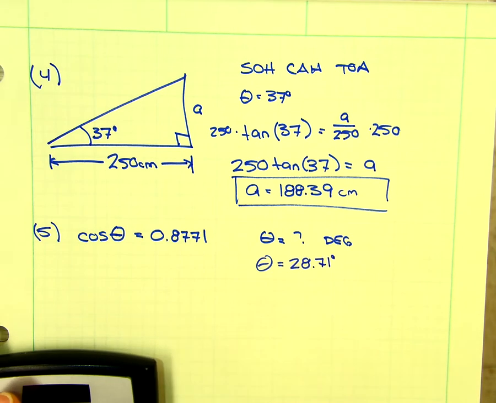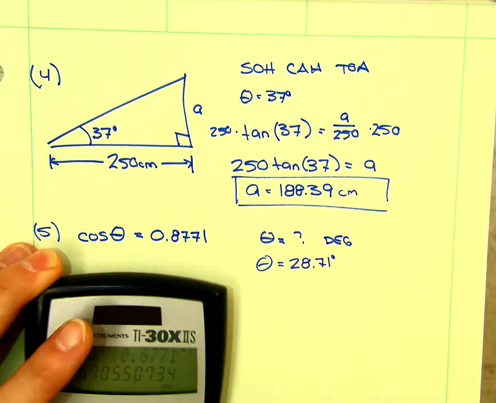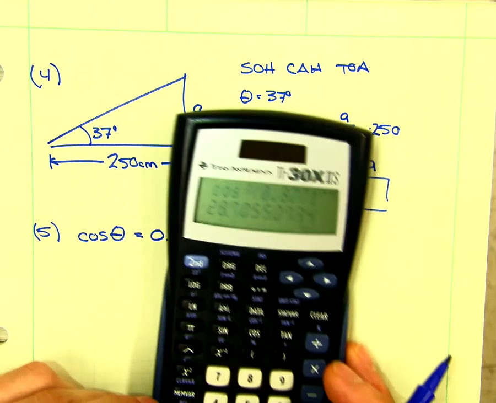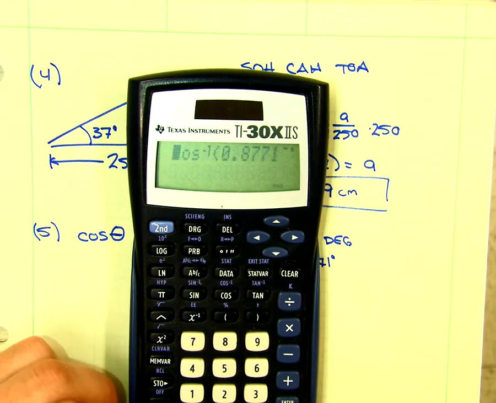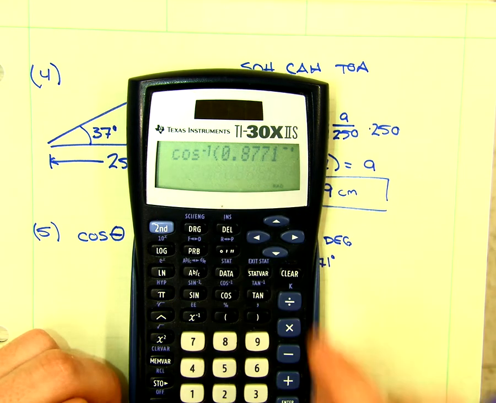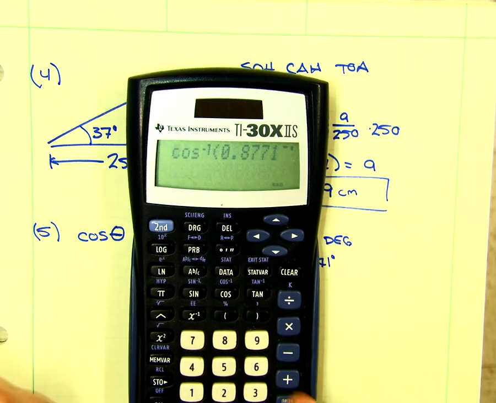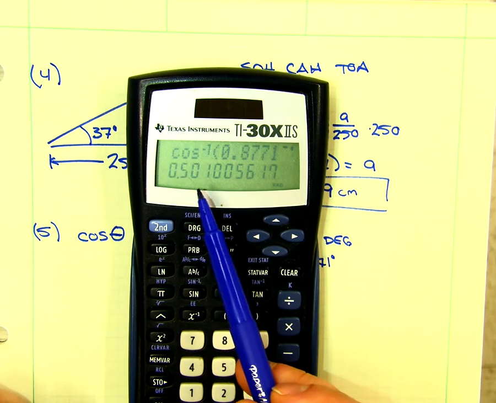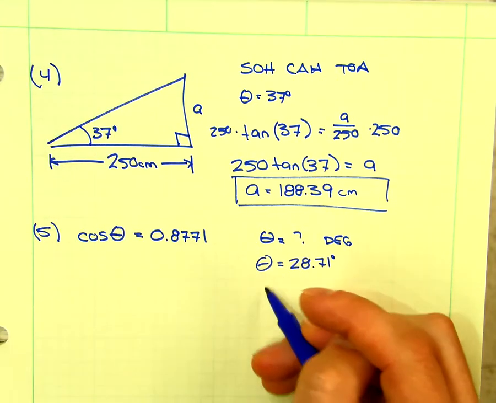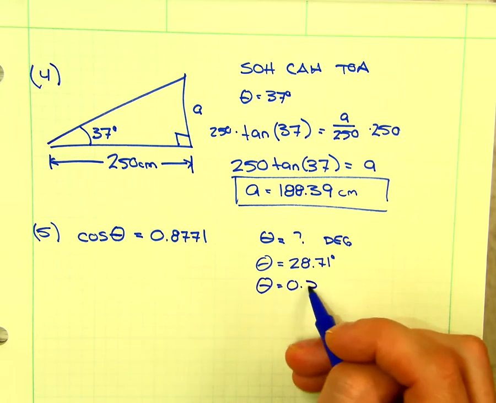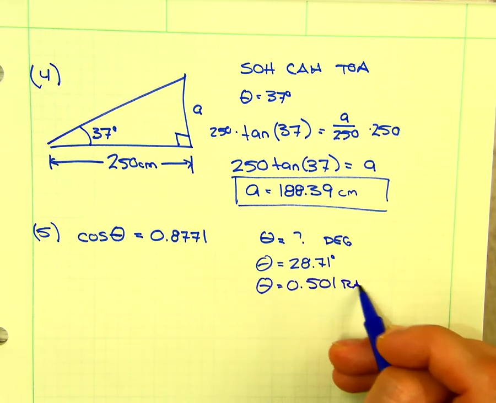I can also give you this problem and say, find theta if the cosine of theta is equal to 0.8771 in radians. So in this case, I'm just going to hit my DRG button, convert it over to radians, and then I can see I've got my same equation saved here, so all I need to do is push enter, and I get 0.501 radians. So theta is also equal to 0.501 rad.